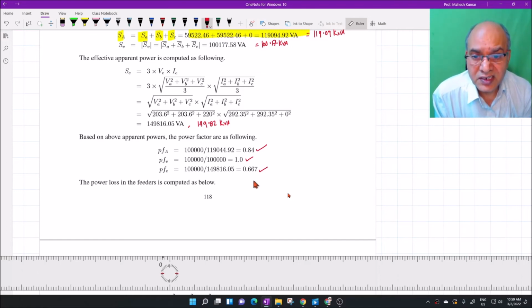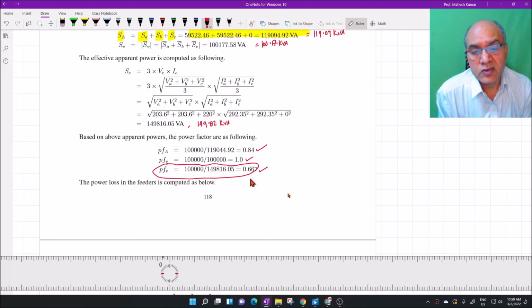So when you design the network, the feeder, you will consider this power factor to decide the current rating for the conductor, because this will give the highest value of current and we will safeguard the operation of the transmission or distribution network. The vector power factor gives the highest power factor, therefore the lowest current. So it will not have enough margin of safety when there is an unbalance or when there is a fault.